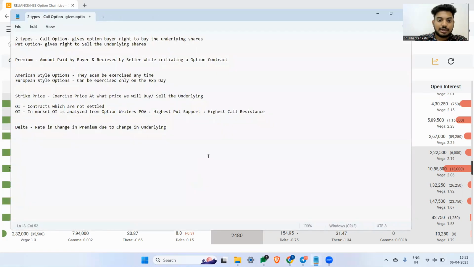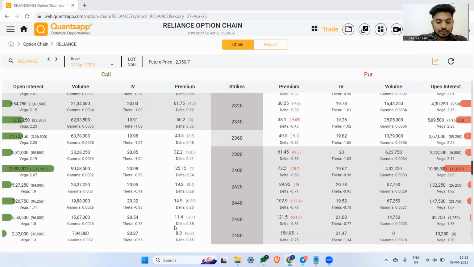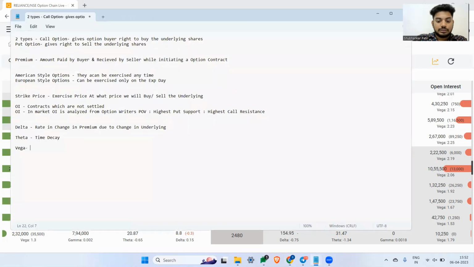Then we have theta, one of the simplest things, time decay. How much premium will decay if you hold that option for one day? Then coming to Vega. What is Vega? Impact of IV on the option. How much implied volatility is going to impact your option premium is shown to us by Vega.